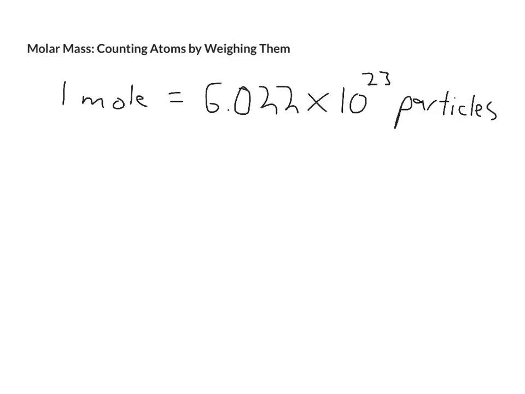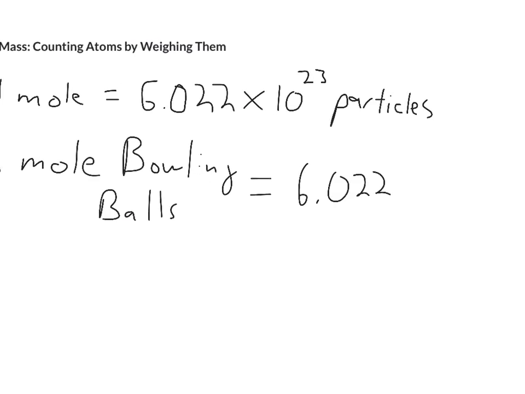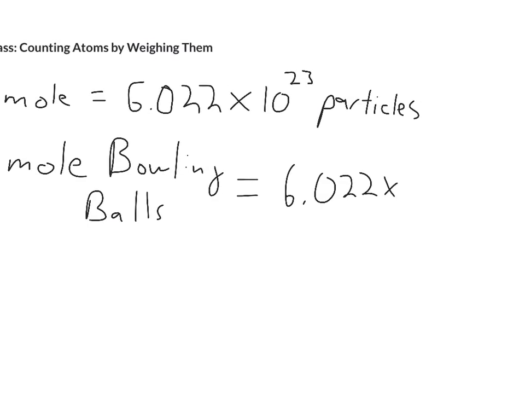Okay, so that means it's a counting unit. It's the chemist's dozen. So when you have 1 mole of anything, it's Avogadro's number of that item. For example, if you have 1 mole of something ridiculous, a mole of bowling balls, you would have Avogadro's number of bowling balls.